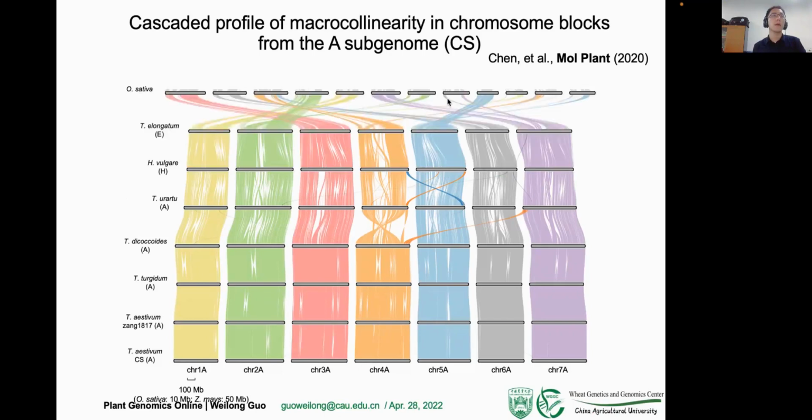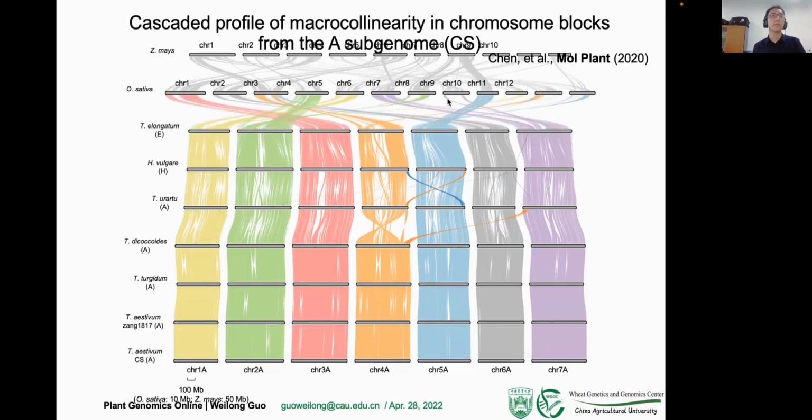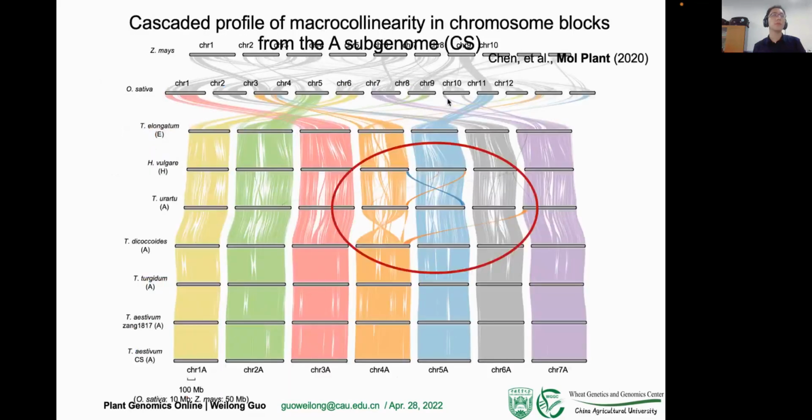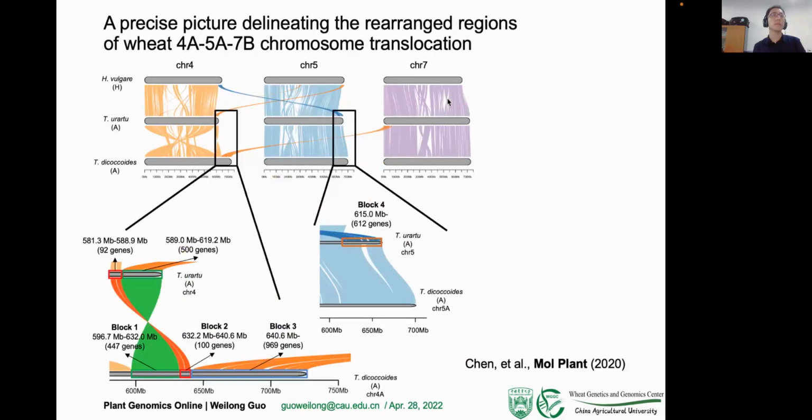By tracing the blocks of a subgenome in Chinese Spring, we can see the ancient interchromosomal translocation that connected chromosomes 4A, 5A, and chromosome group 7. We were able to present a precise picture delineating the rearranged region for the wheat 4A, 5A, 7B chromosome translocation at a single gene level.